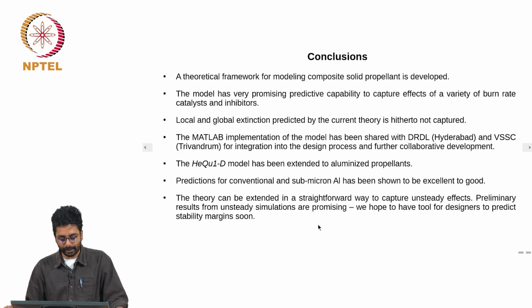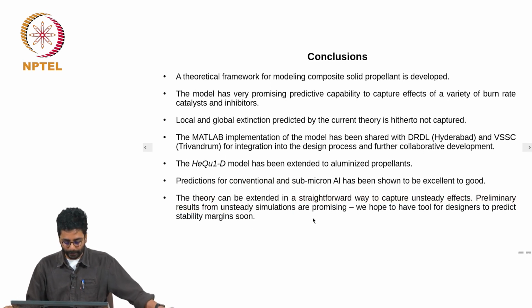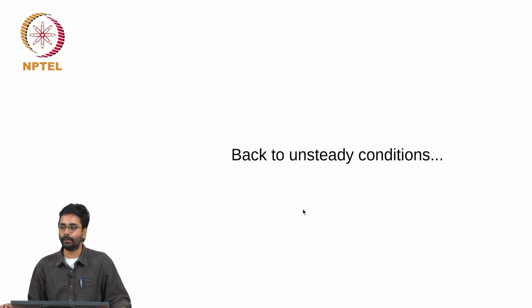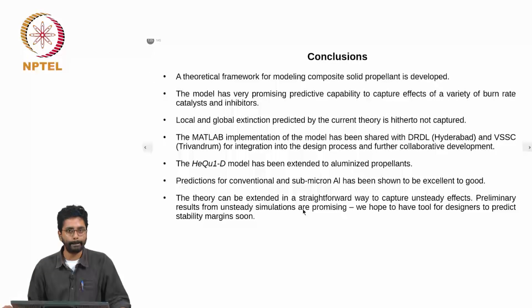Predictions for conventional and submicron aluminum have been shown to be excellent to good. The theory can be extended in a straightforward way to capture unsteady effects also, and this is what I want to discuss in the next section, but before we go there, if there are any questions, I will be happy to answer in this part.